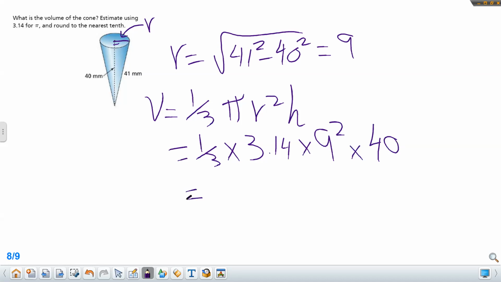So you can evaluate it: 1 over 3 times 3.14 times 9 power 2 times the height, which is 40. So the final answer is 3,391.2 to the nearest tenth.